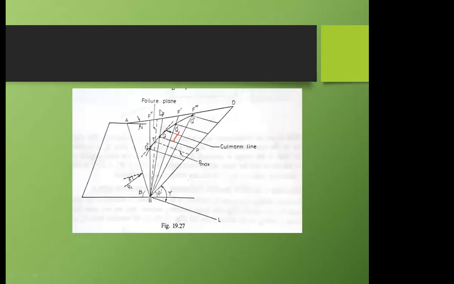Whatever failure surface passes through this is the actual failure surface. We said BF, BF double dash, all these are assumed planes or assumed failure surfaces. But whatever we get here is the real failure surface.